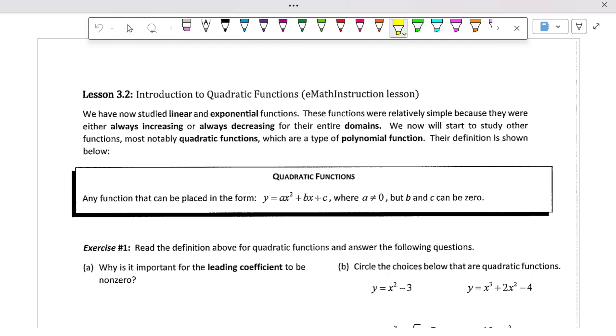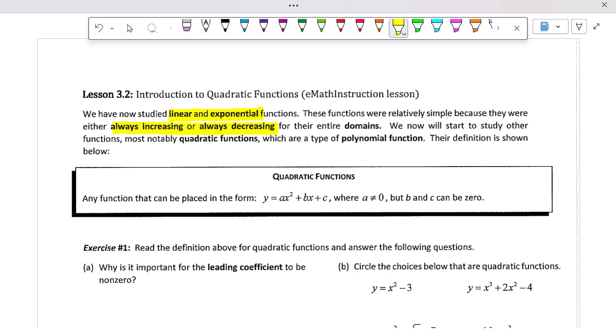In Math 1, you talked about linear and exponential functions specifically. You did a little dabbling in quadratic, but those two are really the main meat of Math 1. They're pretty easy because they're always either increasing or decreasing the entire time. There's no overlap.